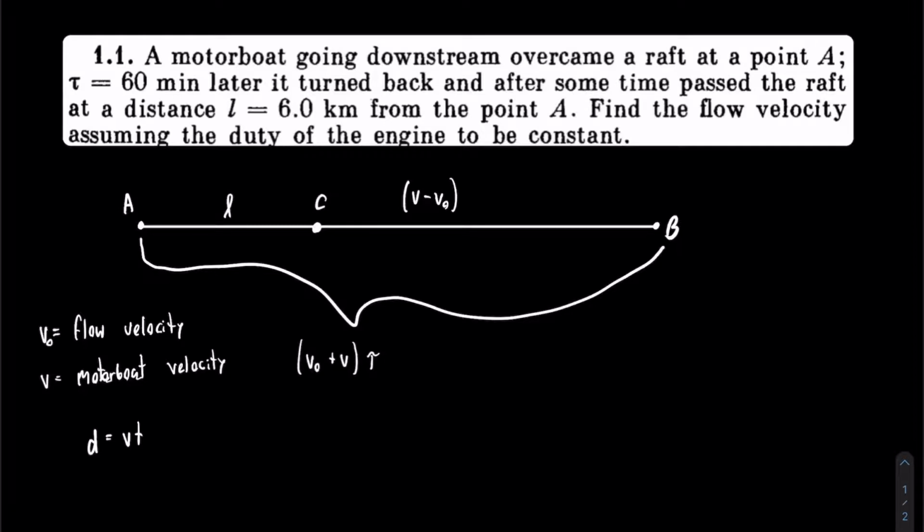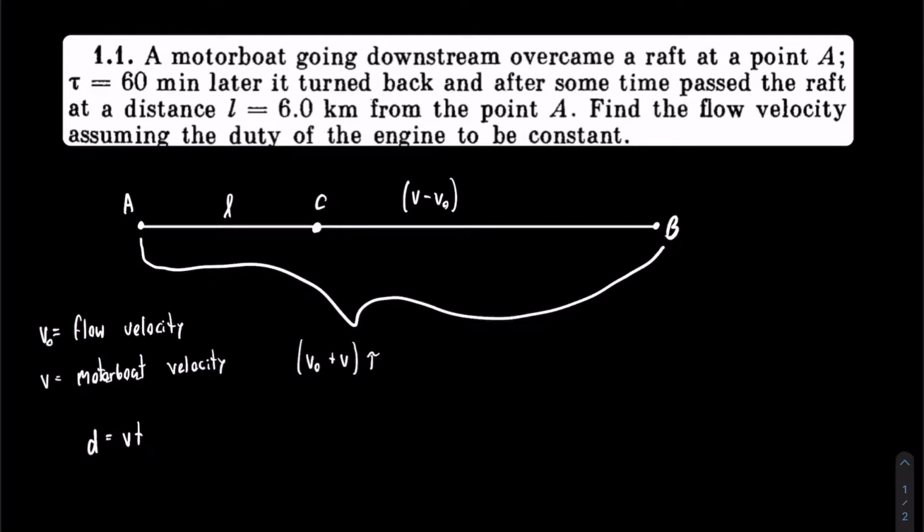Now, how much time did it take the motorboat to go from point B to point C? Well, that's not stated in the problem, and all we have is the time it takes for it to go from point A to point B, which doesn't really help us that much. However, we can create a new variable.